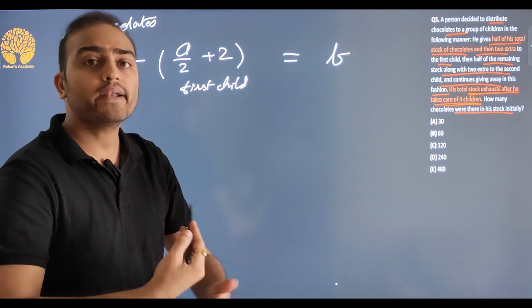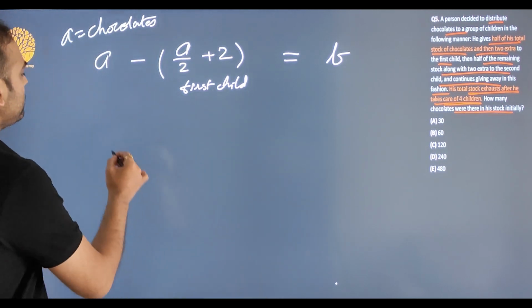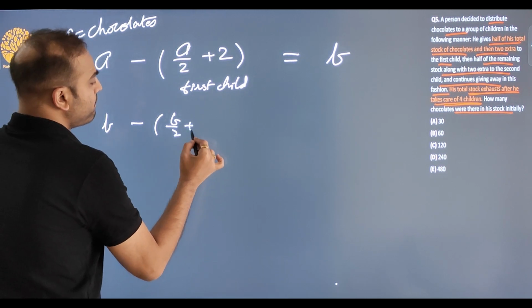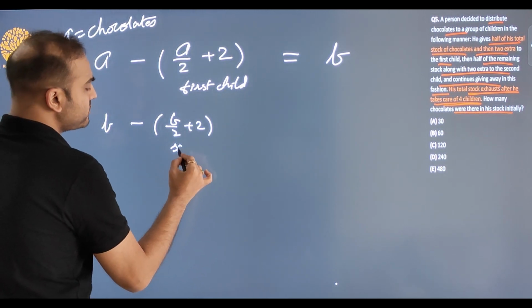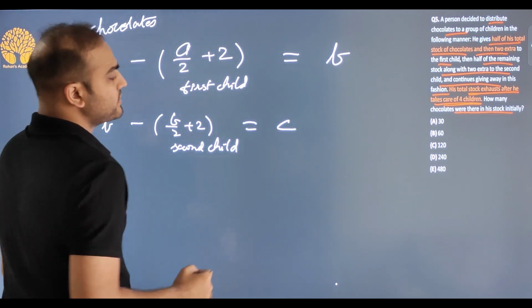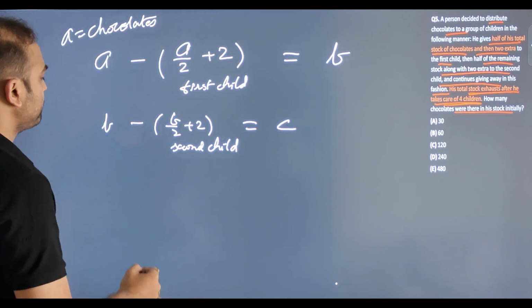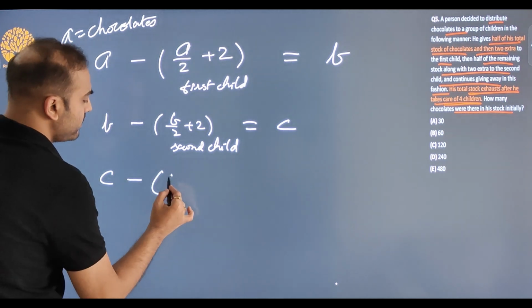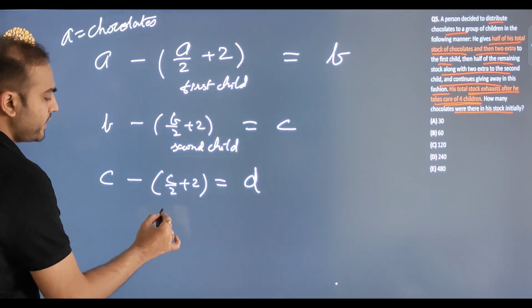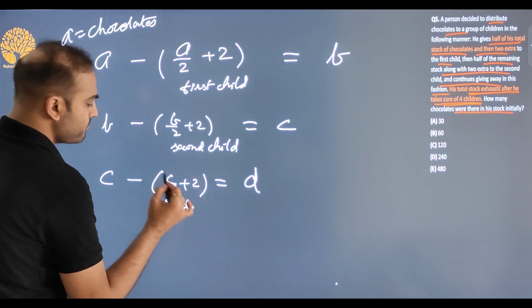Again, try to identify the pattern. Now what will happen? He has B chocolates. He will give B by 2 plus 2 to the second child. Let's say he is left with C chocolates. C, he will give C by 2 plus 2 to the third child, right?